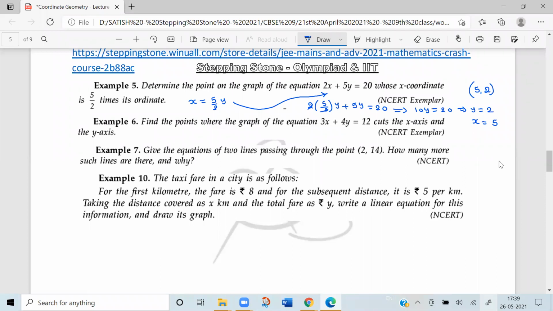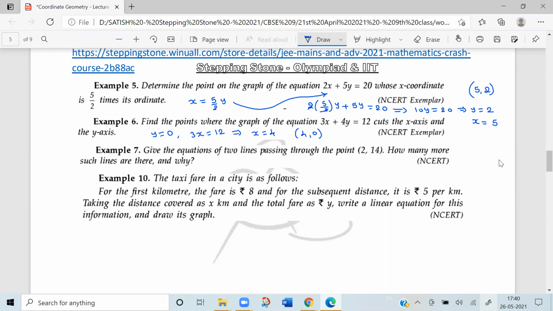So on the x-axis, you substitute y = 0, because every point on the x-axis has a y coordinate of 0. Substituting y = 0 in the equation, 3x = 12, which implies x = 4. That means it cuts the x-axis at (4, 0).